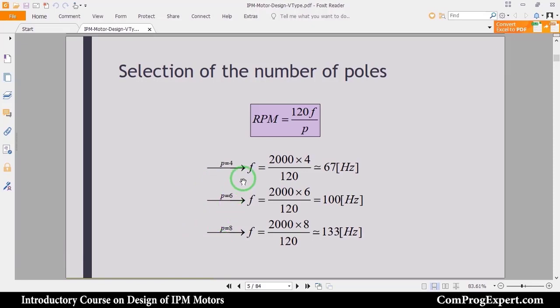The slot pole combination is an important decision in the design of electric motors, because motor parameters, like the weight of active parts, are highly dependent on this combination.